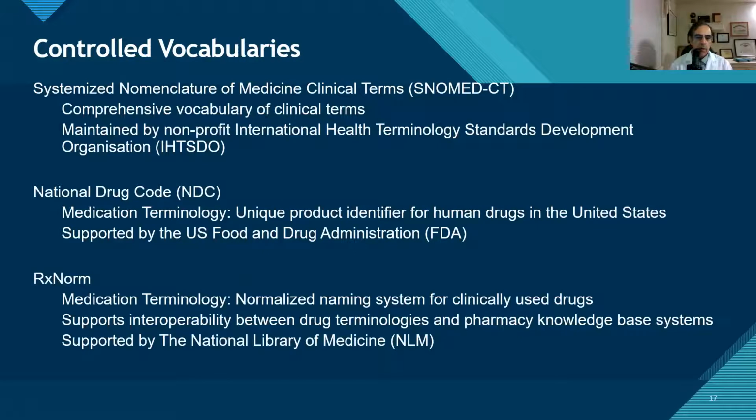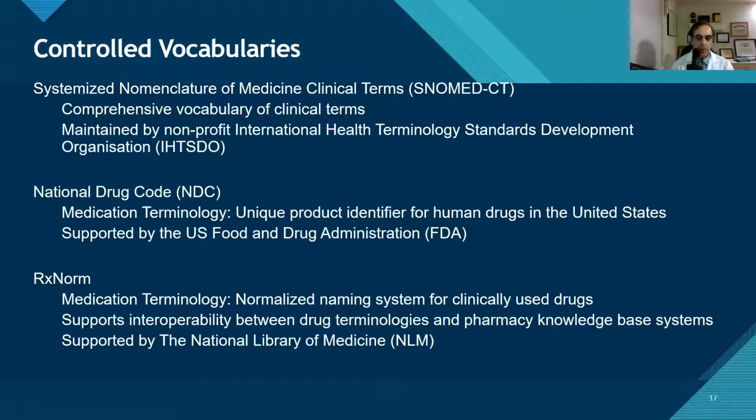With pharmacy, we really are most interested in SNOMED because that is usually linked to documentation of allergies, so drug allergens. And then, of course, both in inpatient and outpatient, we're very focused on the NDC number of the product.